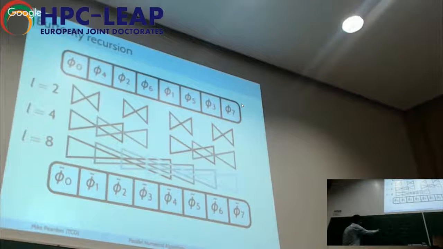So what do I get? I'm adding these 2 things. I get phi 0 plus phi 2 plus phi 4 plus phi 6. Here I'm going to get phi 0 plus phi 2 plus phi 4 plus phi 6.